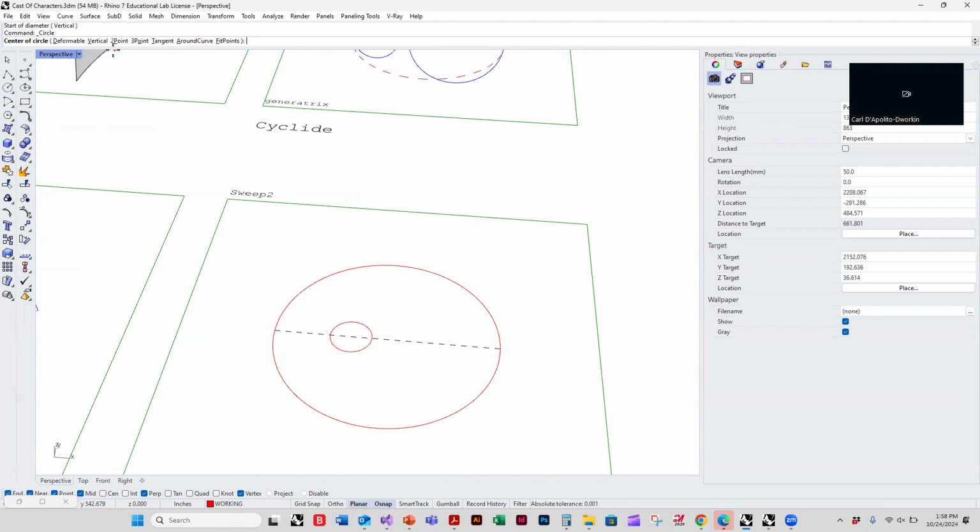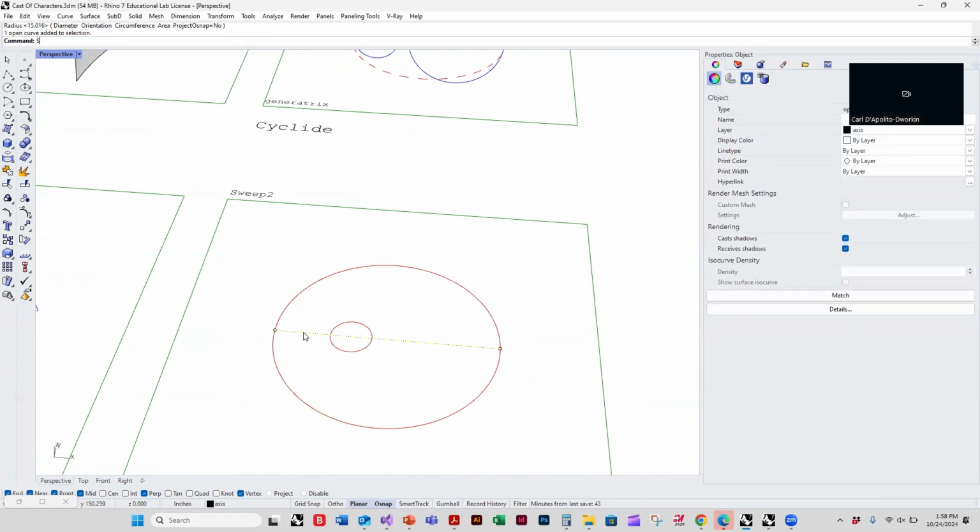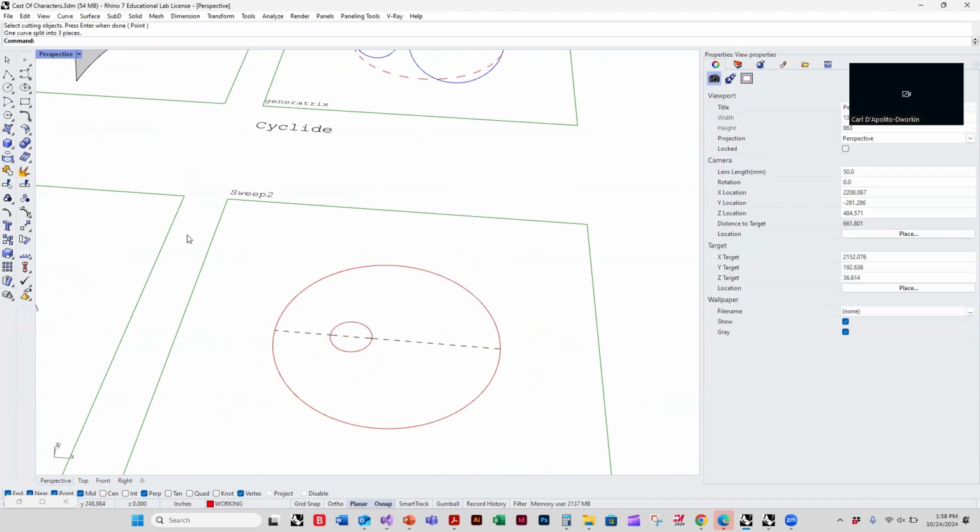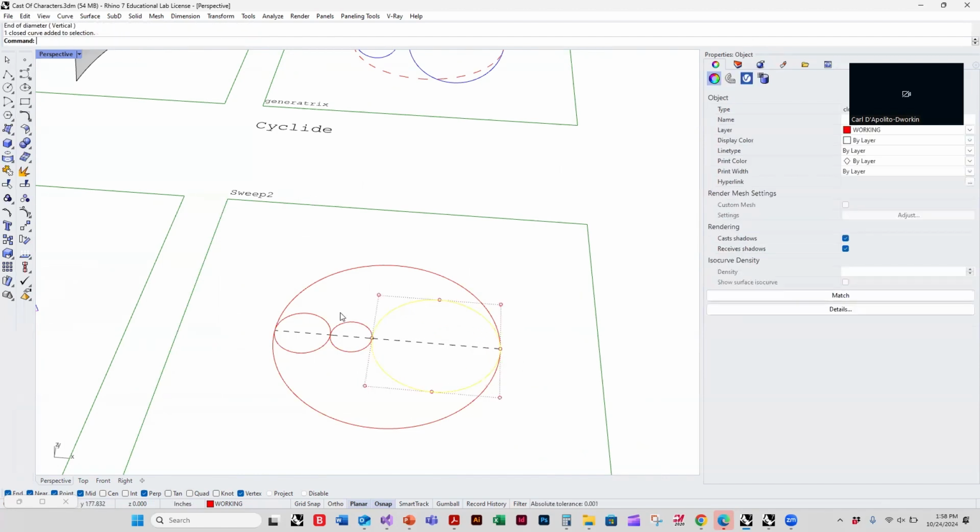So if I do this 2-point vertical, and then I can just sweep two rails.